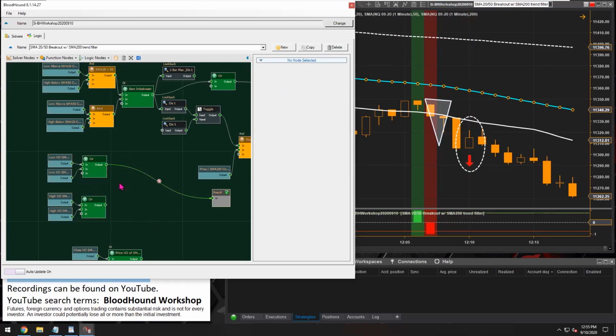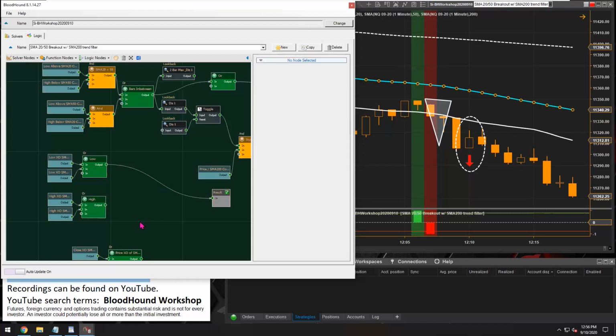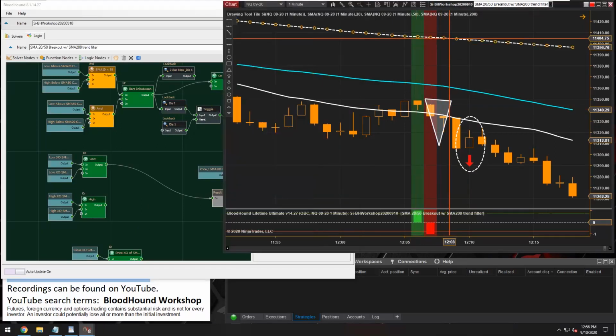Yeah, so for example, remember this is the, okay, yeah, this will work. All right, so this is the low price crossovers, and this is the high price crossovers. So if the bars are below the SMA 50, we're only interested in the high price cross downs.